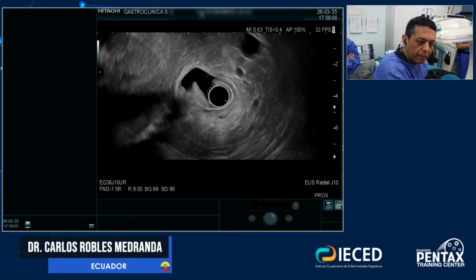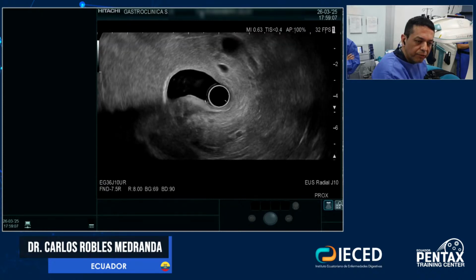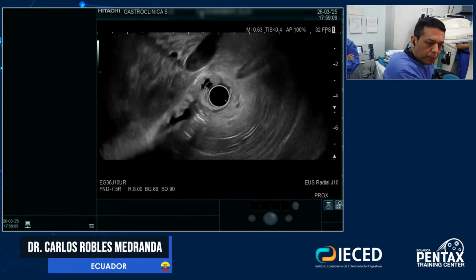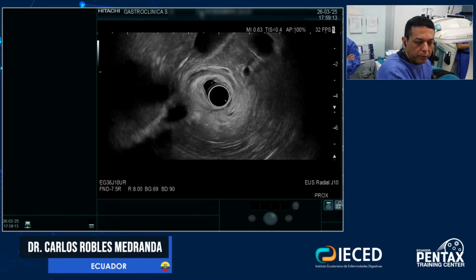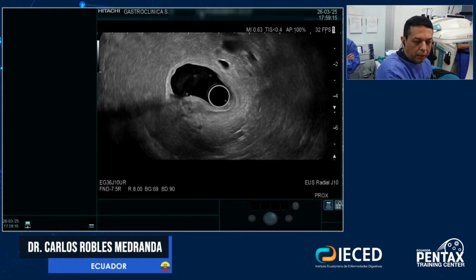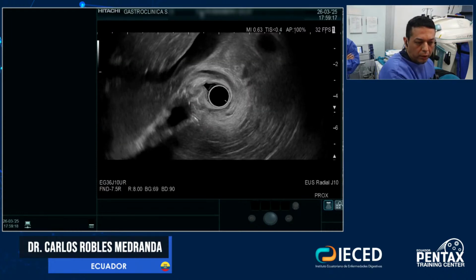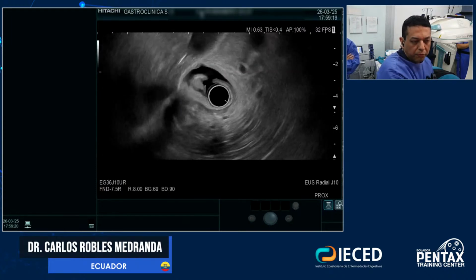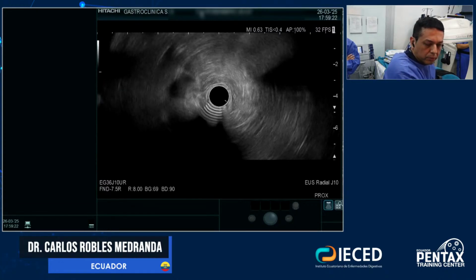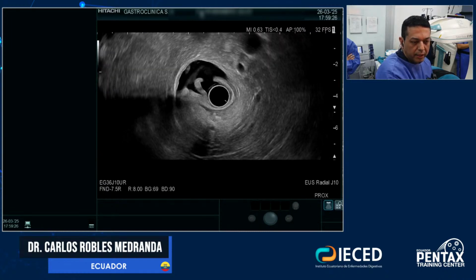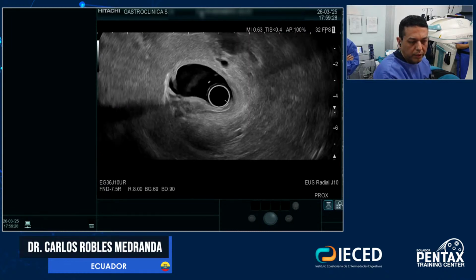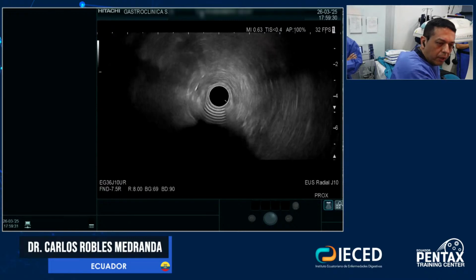So I believe the situation is, and this is my suspicion, a chronic pancreatitis, but probably with an IPMN, and I need to evaluate inside just to confirm my suspicion, right? Or probably it's just a chronic pancreatitis, and I am looking too much, right? I am doing a false evaluation.